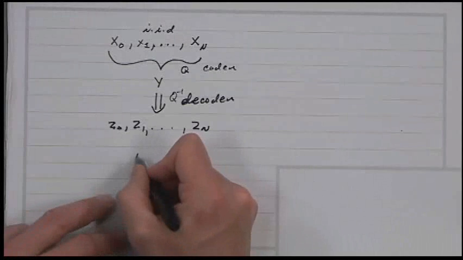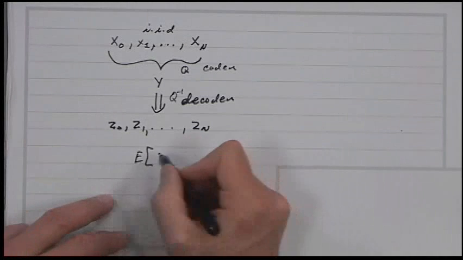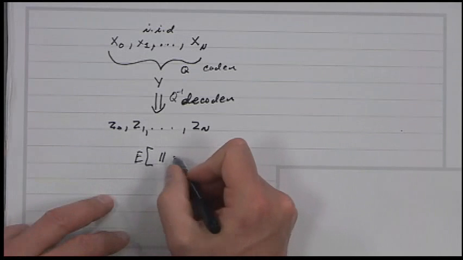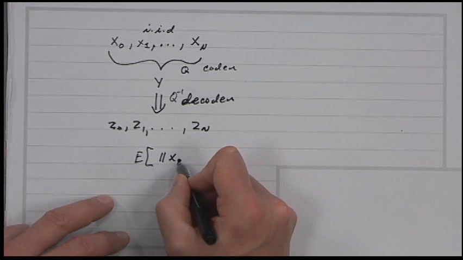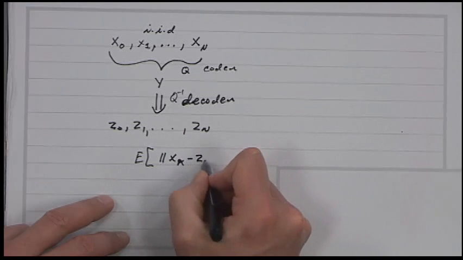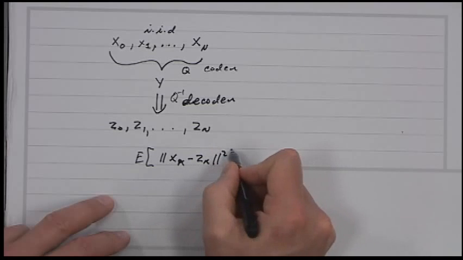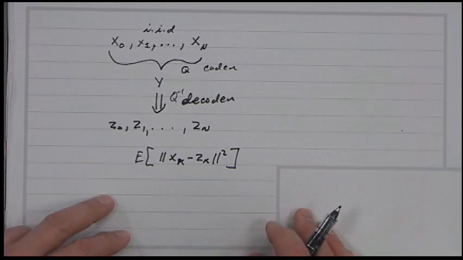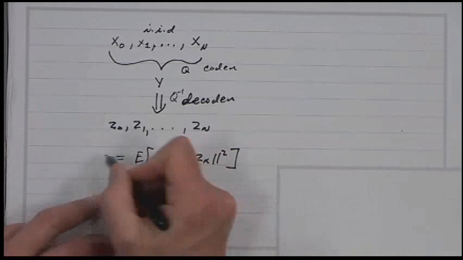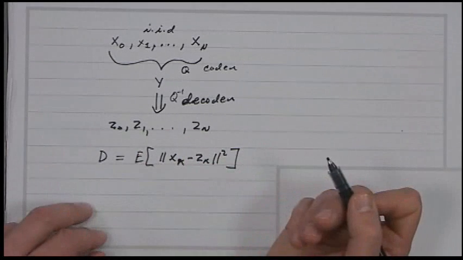And now there's some kind of distortion, and the distortion is the expected value of the squared difference between xk and zk, right? And you can average that. So this is the distortion for a particular coder.